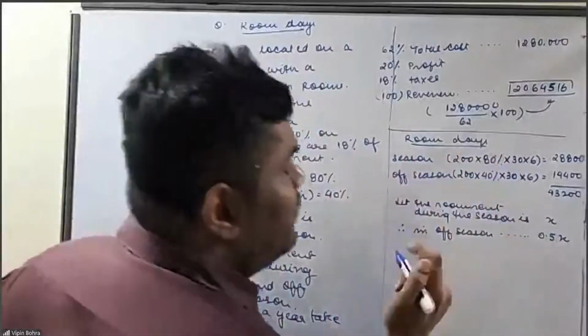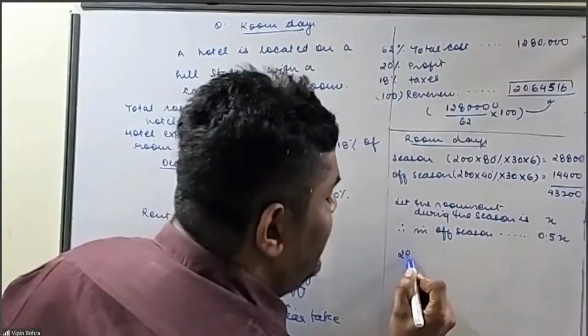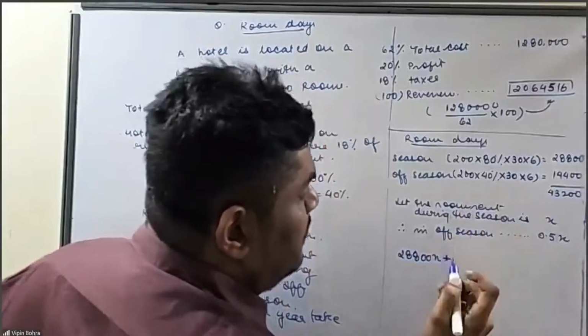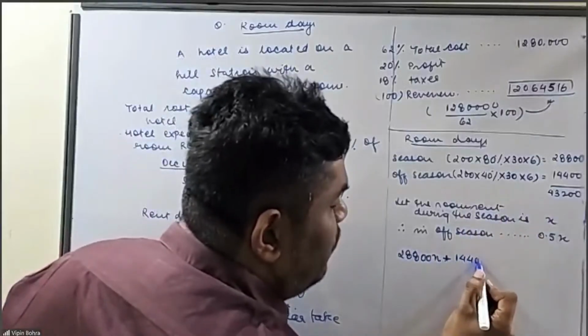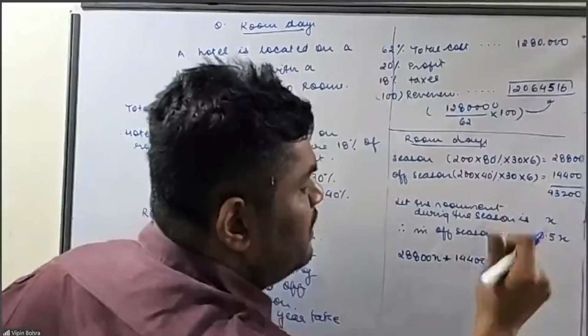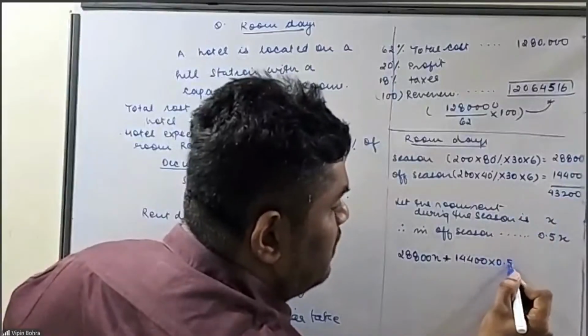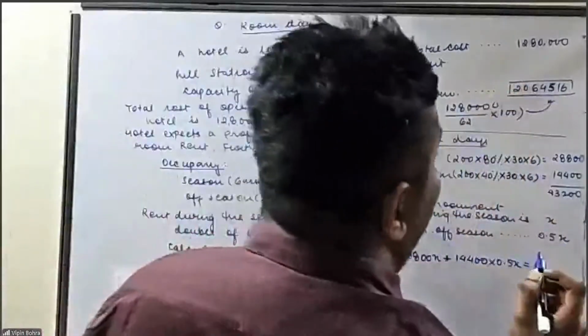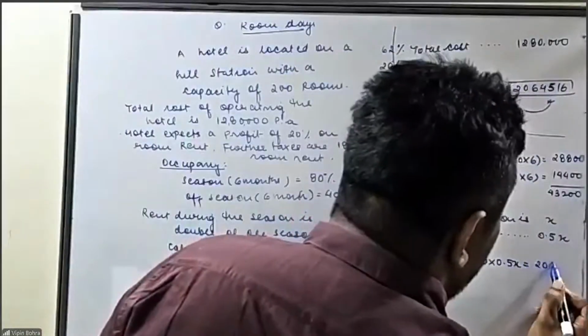So the number of room days in the season is 28,800 into X plus 14,400, the number of room days in off season, into 0.5x. This should be equal to the total revenue, that is 20,64,516.